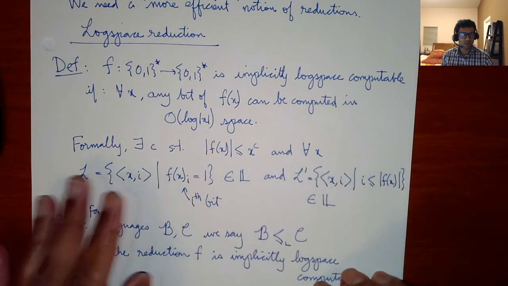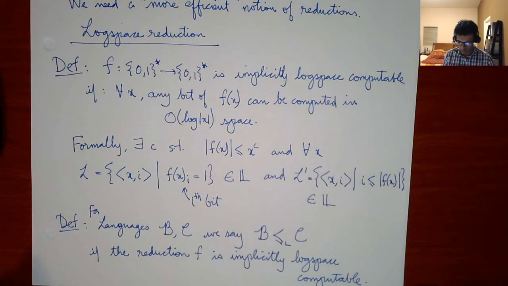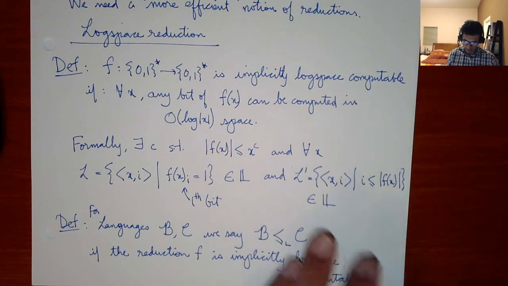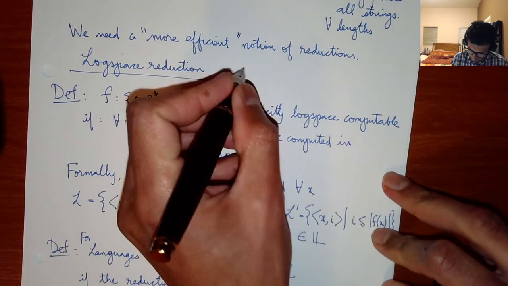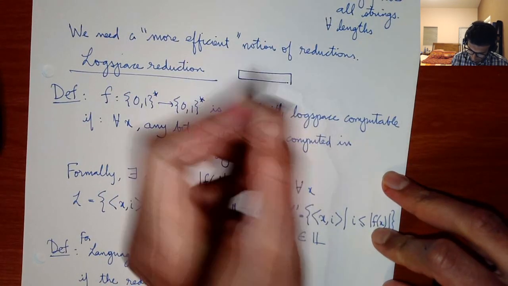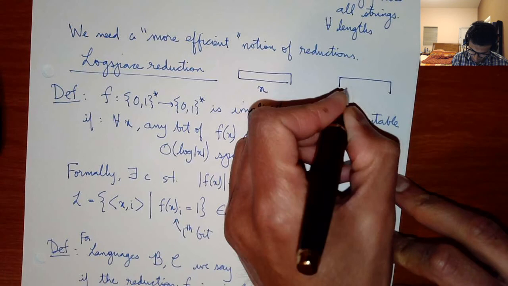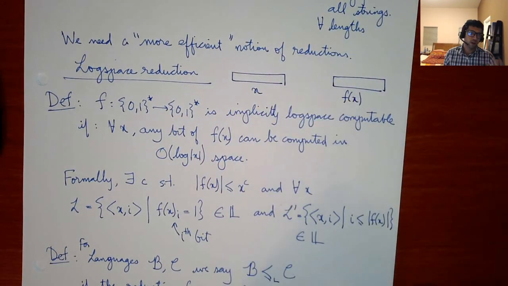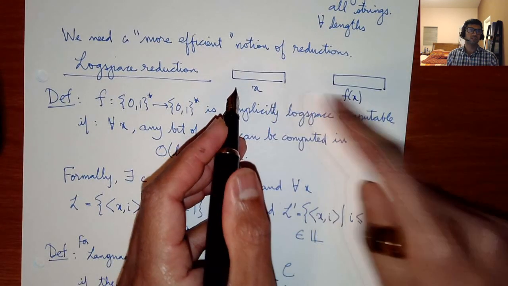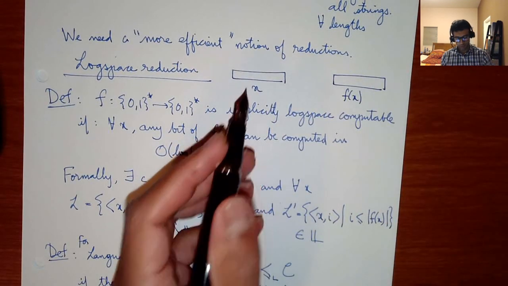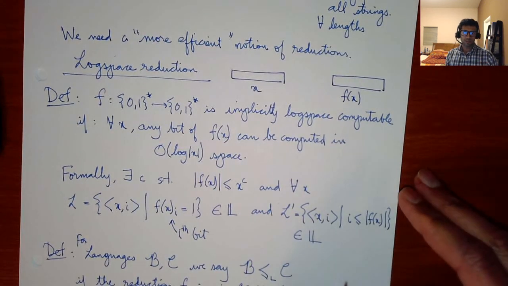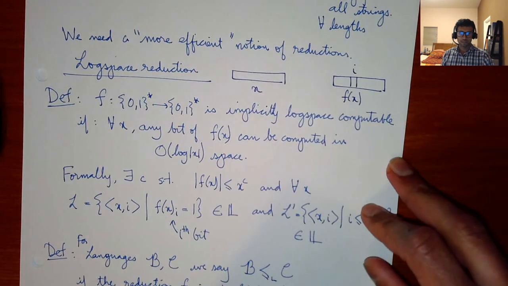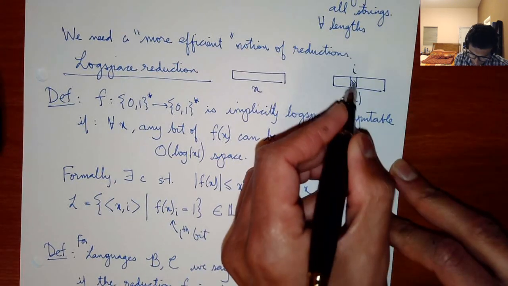There is a formal definition of what that is, but this is the essence of the definition. Here's my input, x. What I want to compute is f of x. A polynomial time reduction would simply take x, compute f of x, and write it out on its tape. An implicitly log space computable function just says that if we give it some index i, then the ith bit can be computed in log space.